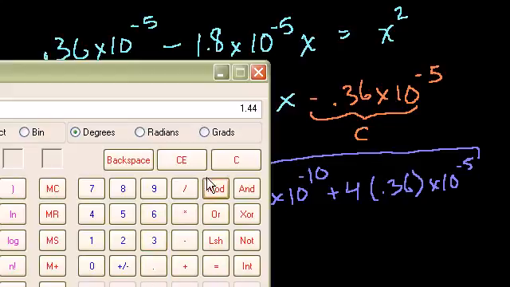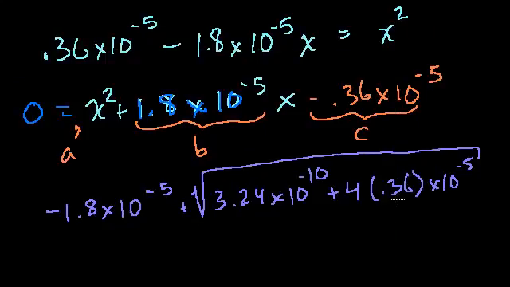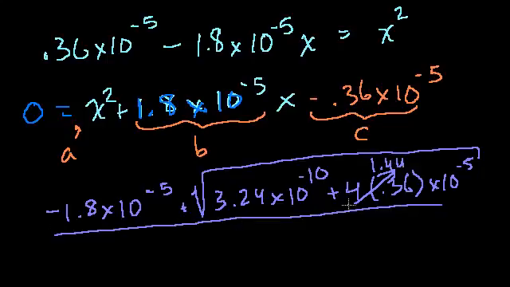I should have been able to do that in my head. Now you have 1.44 times 10 to the minus 5. And of course, all of this is over 2a.